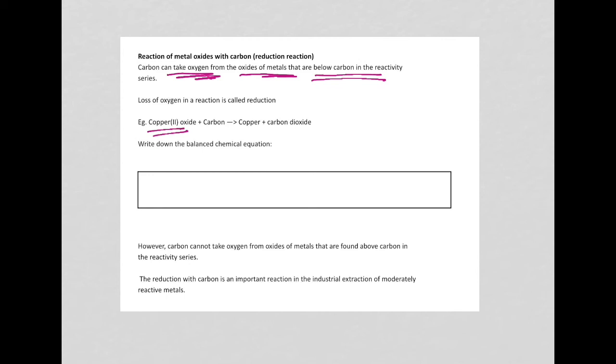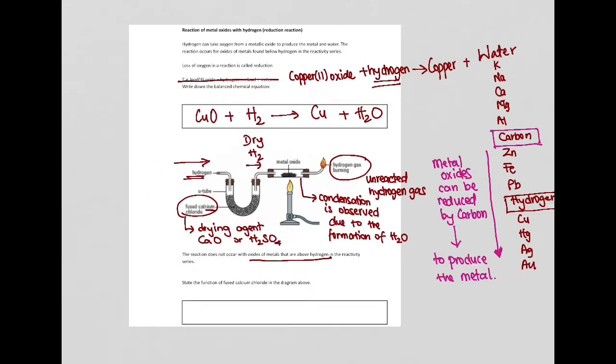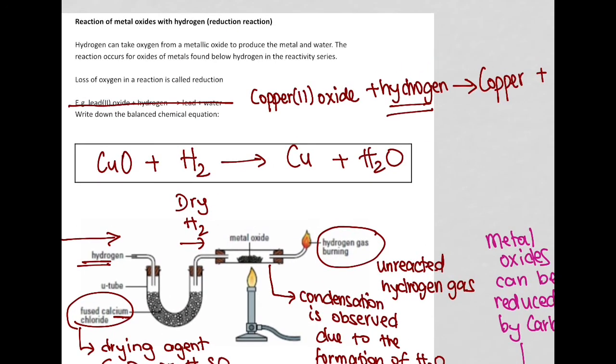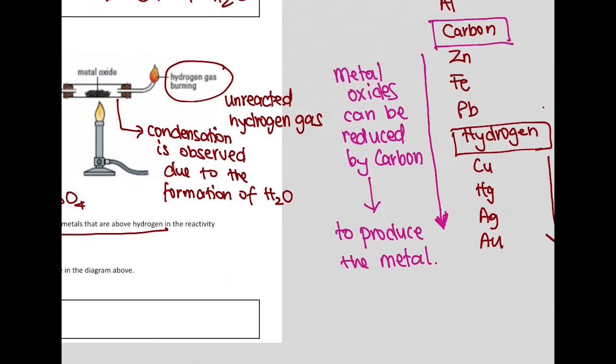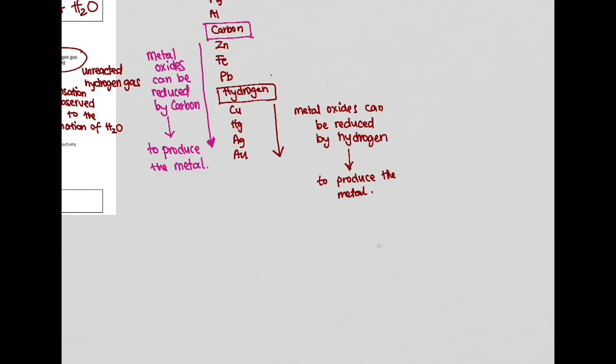So you will have the equation giving copper plus carbon dioxide. And here you will need to balance the equation, put a 2 here and a 2 here, right? So here you're going to get the metal and then you're going to get carbon dioxide. Well, with hydrogen you get the metal and then you get water. So hydrogen produces metal and water.